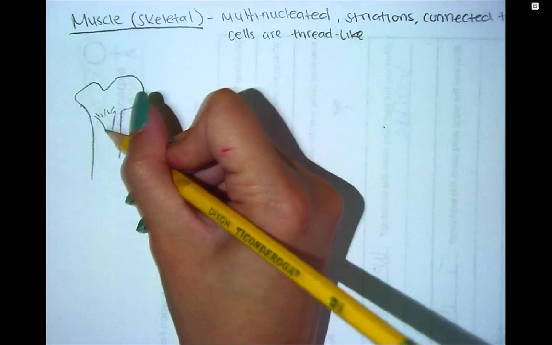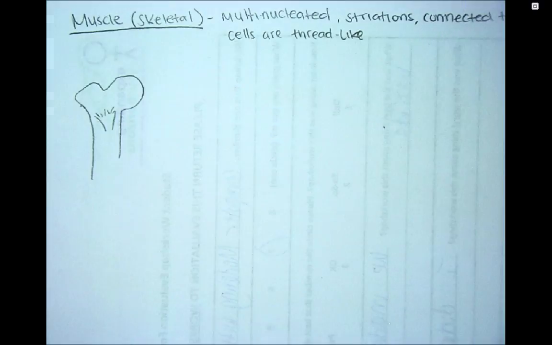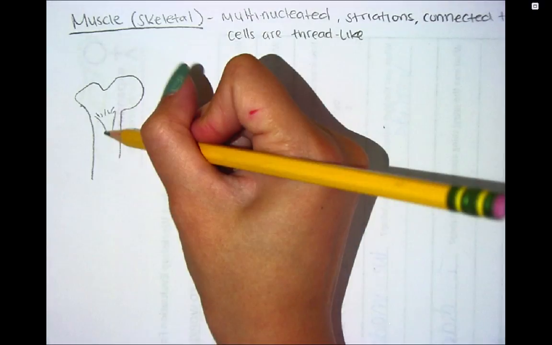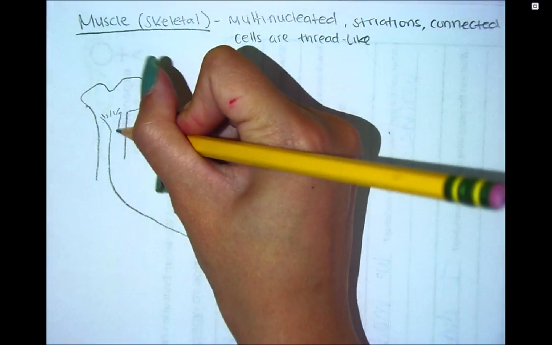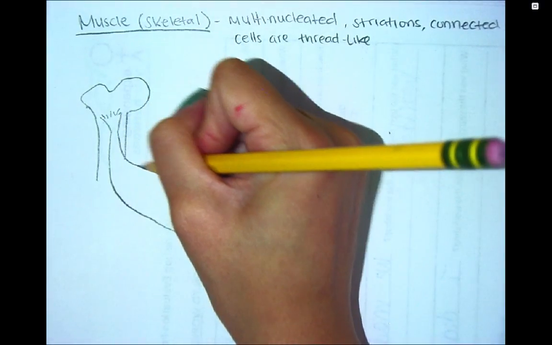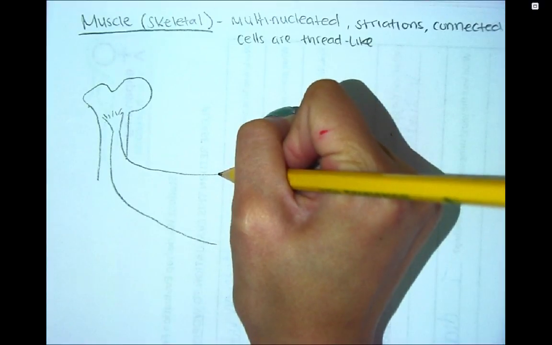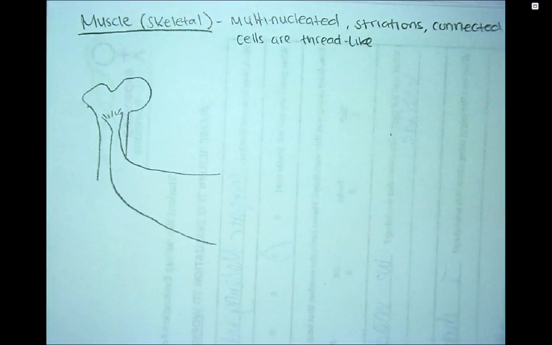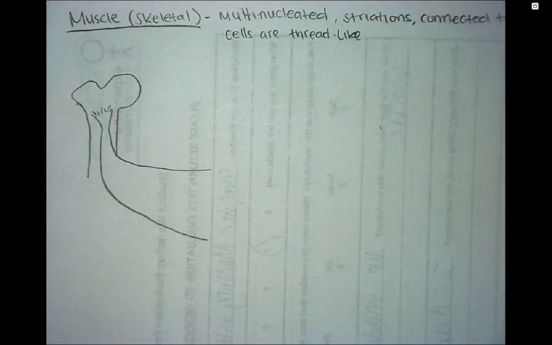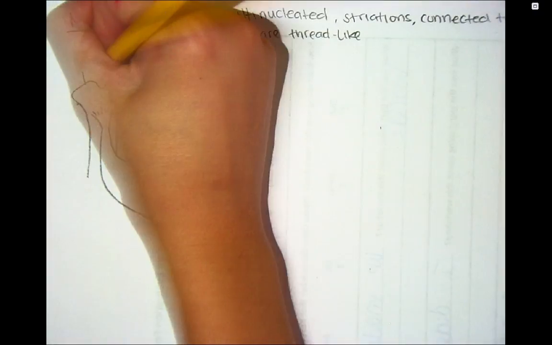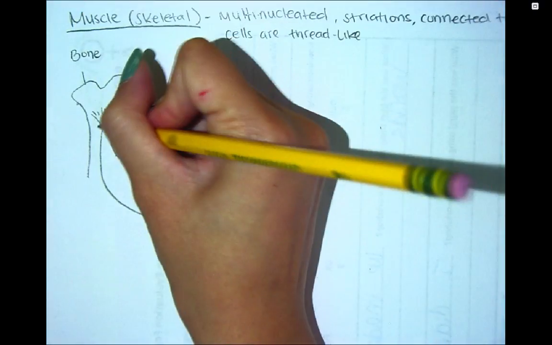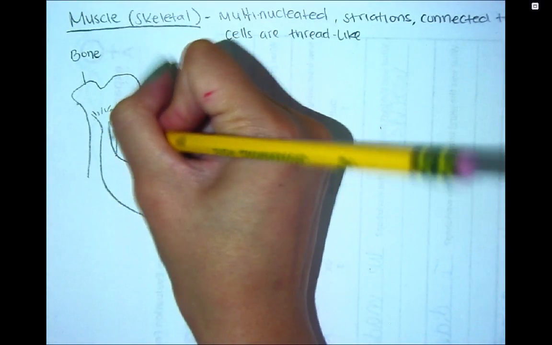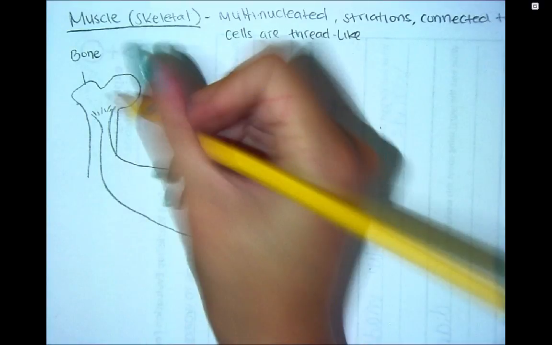And what we're going to do is enlarge the muscle. So here's your tendon, and we're going to zoom in on it. Probably do some labeling. So here's your bone. This would be your tendon that's attached to the bone.